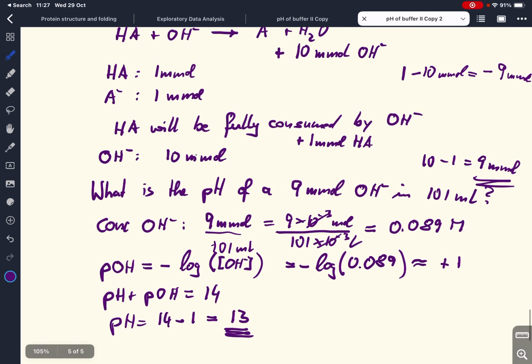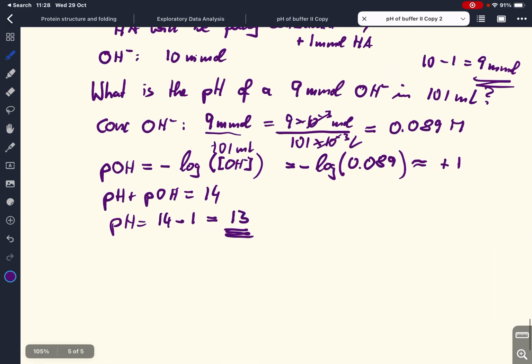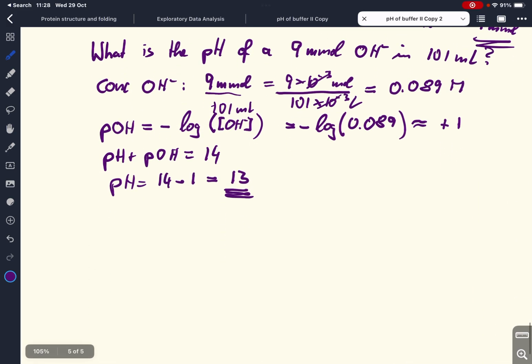And if we compare to the pOH that we would expect from this 10 molar sodium hydroxide, we find that the buffer really doesn't do anything. So the buffer does not buffer anymore.